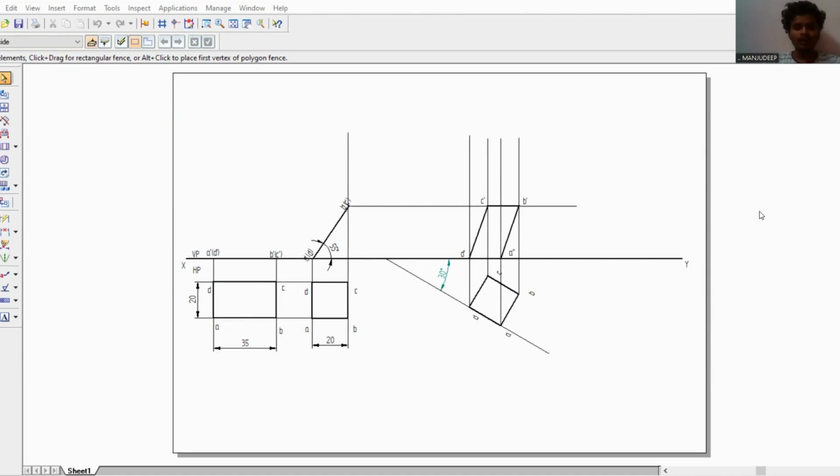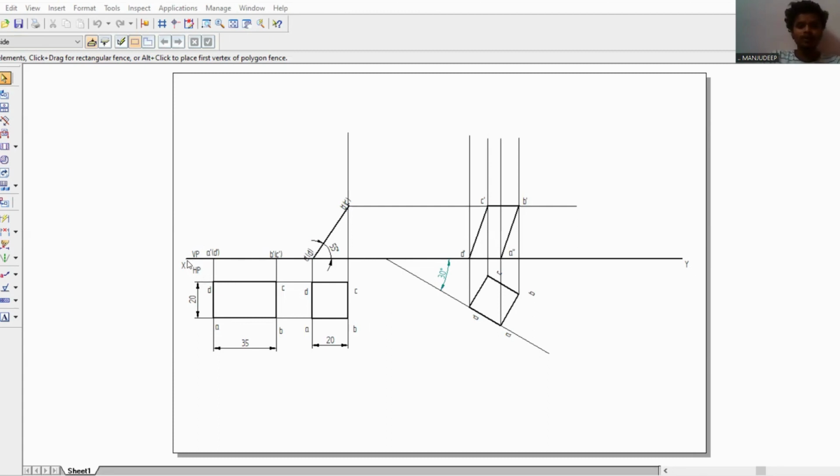So they have given a rectangular lamina of 35 cross 20 mm dimension, and draw this rectangle with a line thickness of 0.5. Before that you have to draw an XY line and name VP and HP.